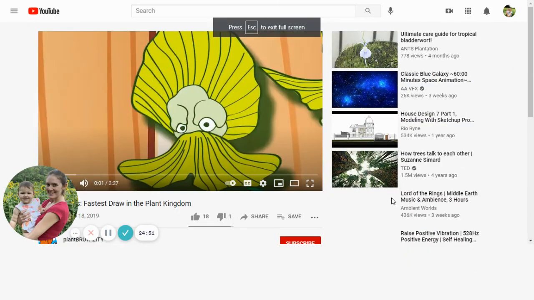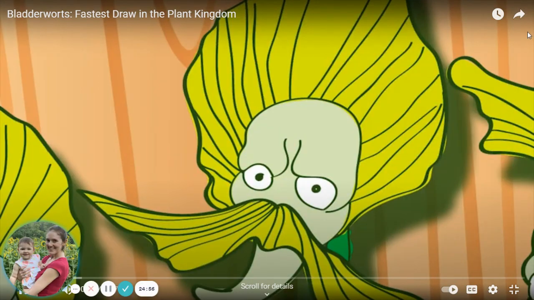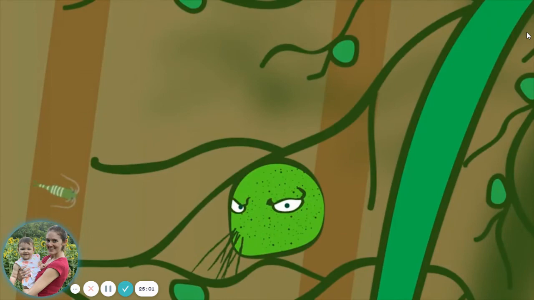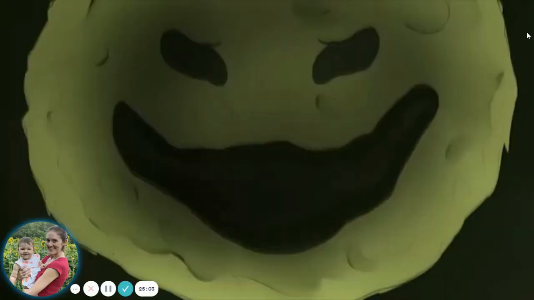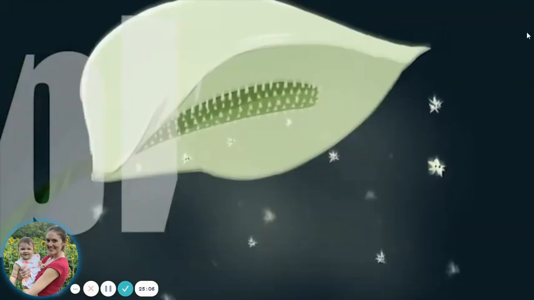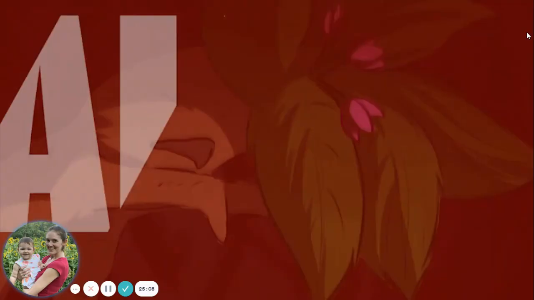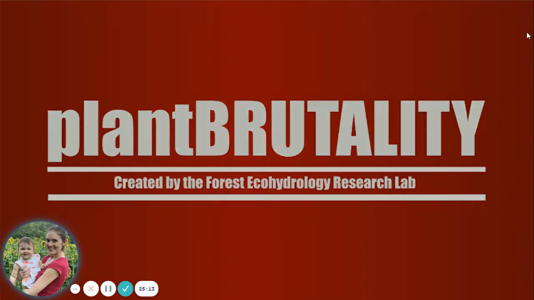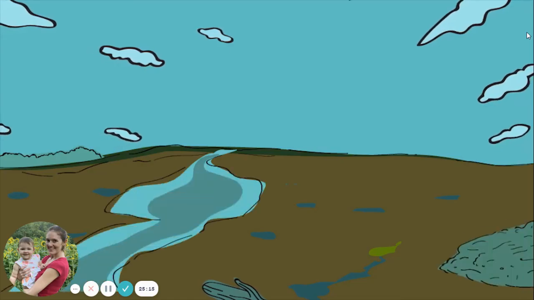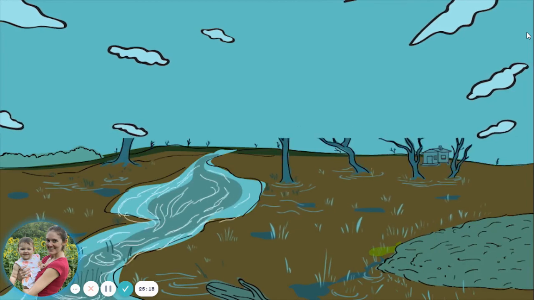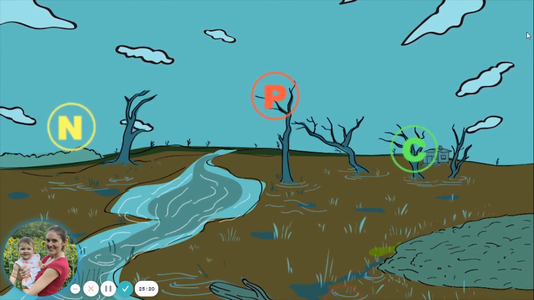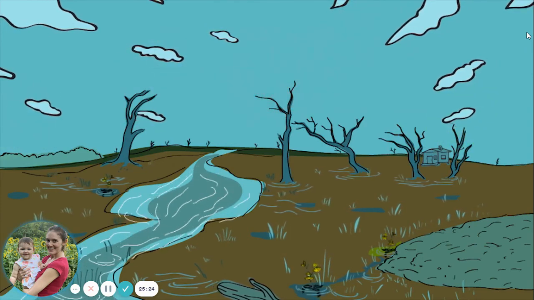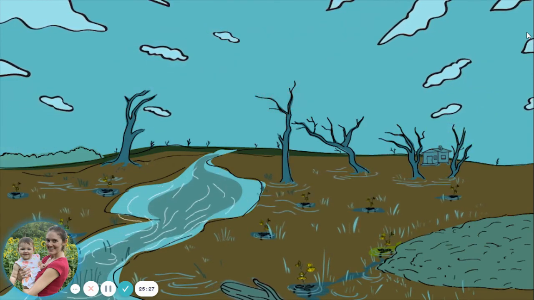Unable to survive on the scanty rations of the world's greediest environments, some plants developed a swift and deadly draw to reap refreshment from the flesh of their rivals. Plant brutality. On a barren wasteland where nutrients have been swept away by winds and water, like so many tumbleweeds, a plant like Ghost Town somehow clings to life.